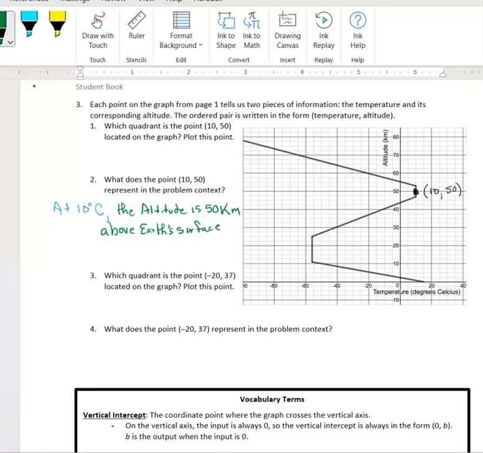Again, we have an input part of our statement and an output part of our statement.